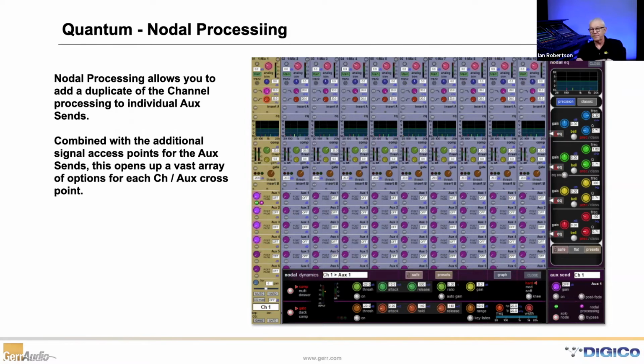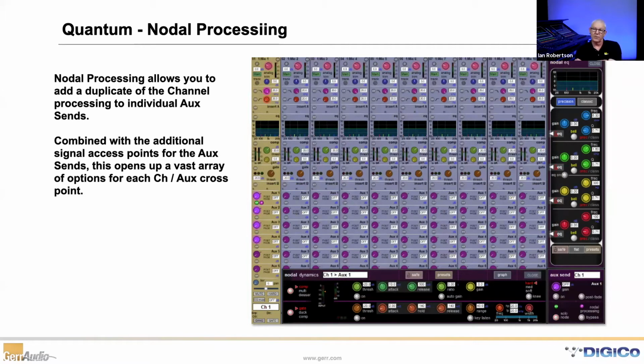And it allows you to add that to the node where the aux comes off the channel and goes to the main aux send on the console. So now you can EQ and process each individual drive to each mix differently, if need be.